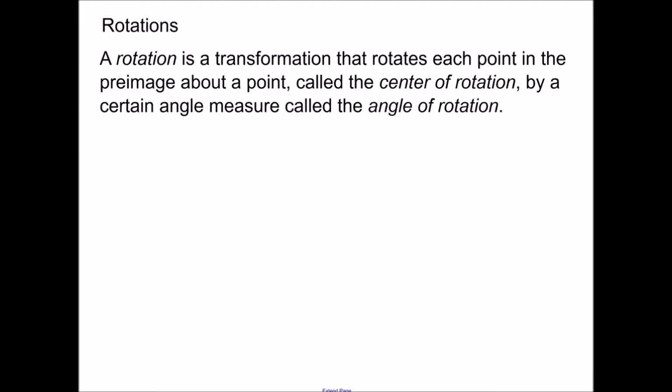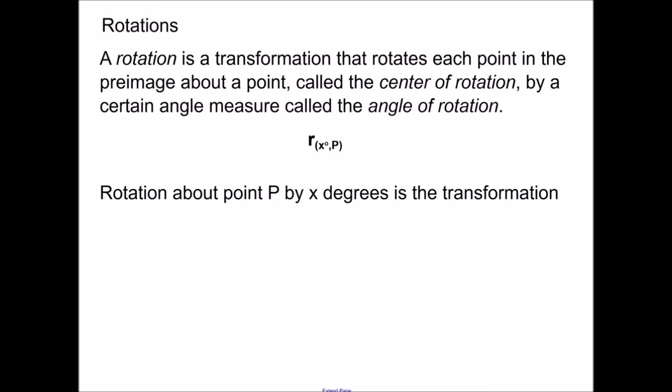So a rotation is a transformation that takes each point in the pre-image and rotates it about a point which we call the center of rotation, by a certain angle measure called the angle of rotation. The symbol for the rotation that we use, at least in the book, uses a lowercase r.